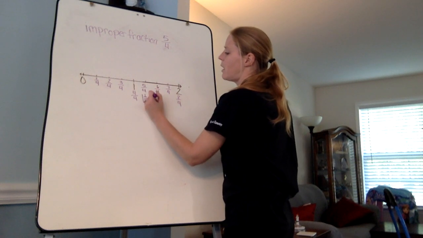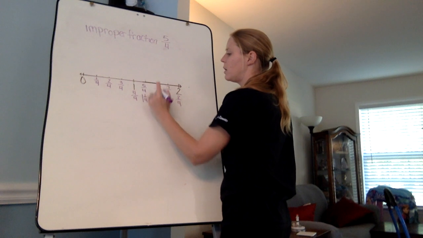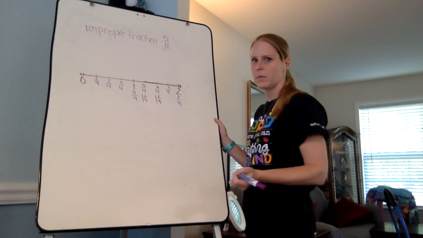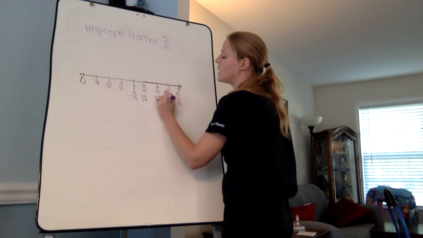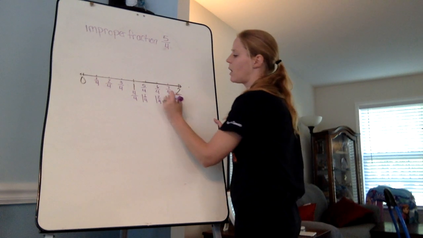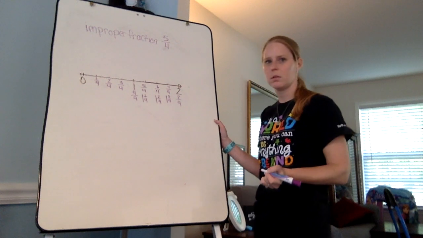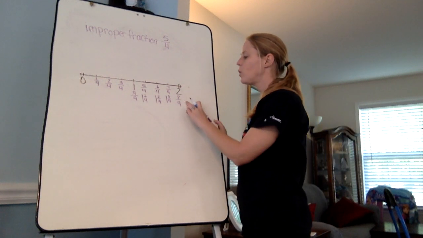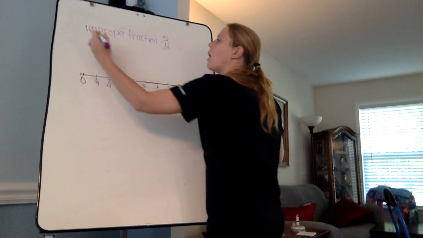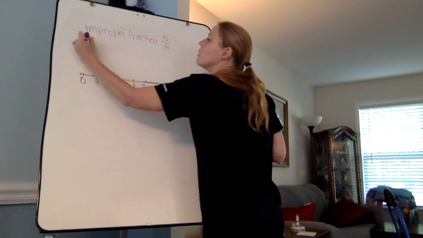This is saying I still have one whole shape filled in, but now I'm working on the second fourth of it. If I go to 7/4, it means I have one whole shape filled in, and I'm working on 3/4 of that. And here I've got two whole shapes filled in for 8/4. So our mixed number is a whole number plus the fraction.